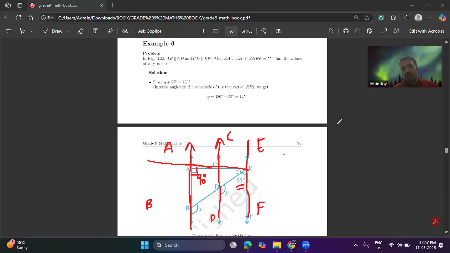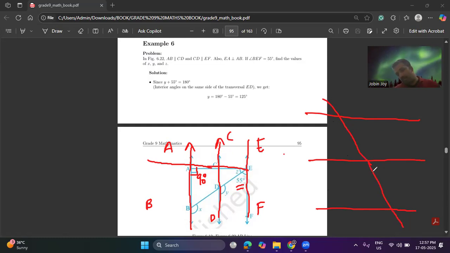So I will draw the three lines like this, and this is the transversal. This angle is y, and this angle is x.